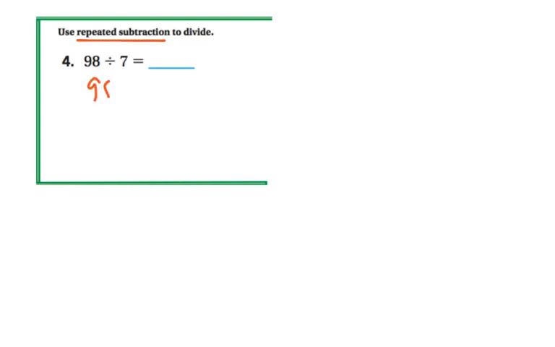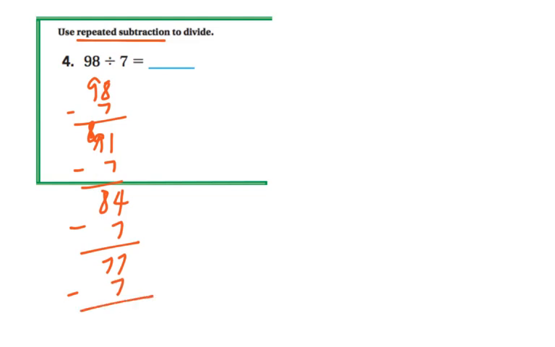So I'll start with 98 minus 7, which equals 91. Then I'll subtract 7 from 91, which would be 84. I'll subtract another 7 from 84, which would be 77. I'll take 7 from 77, which would be 70.